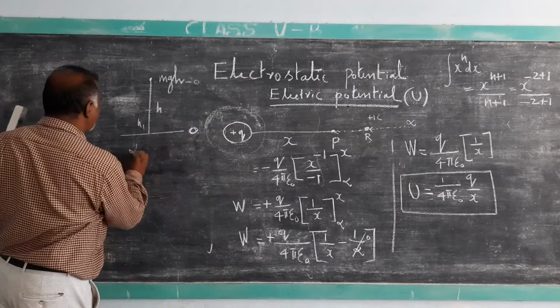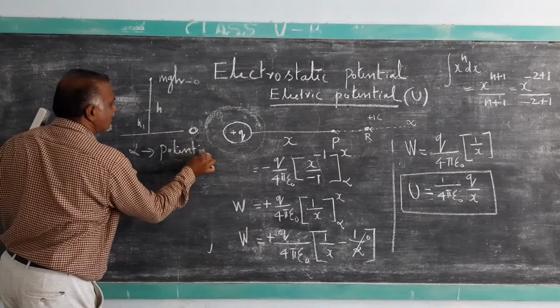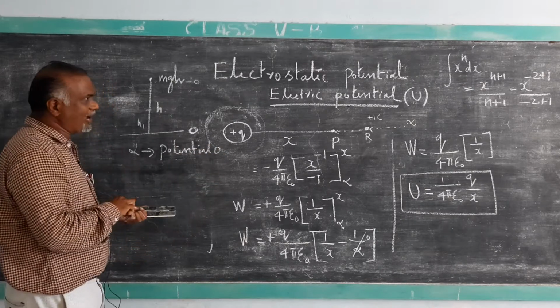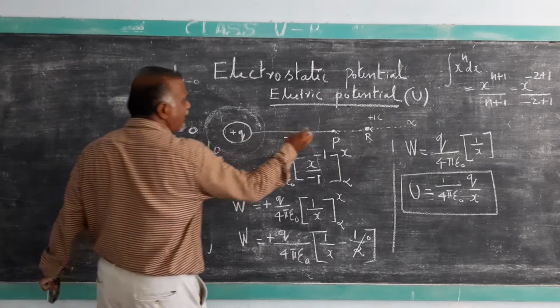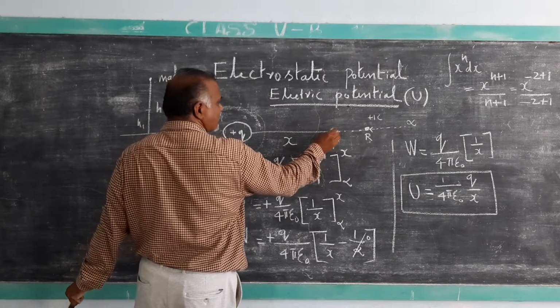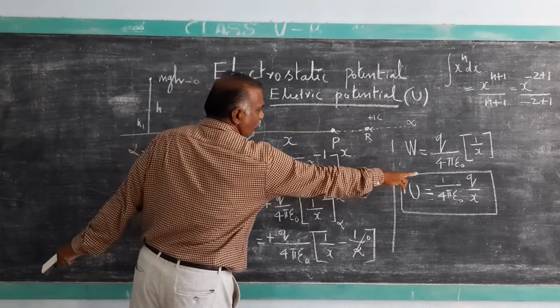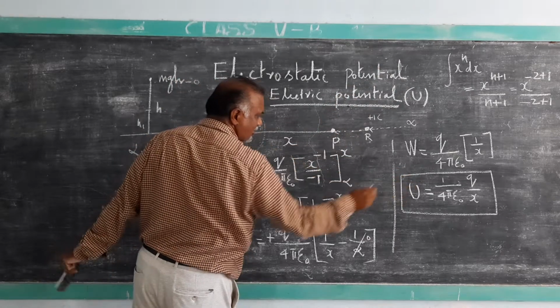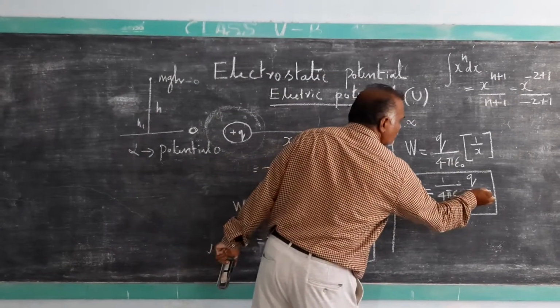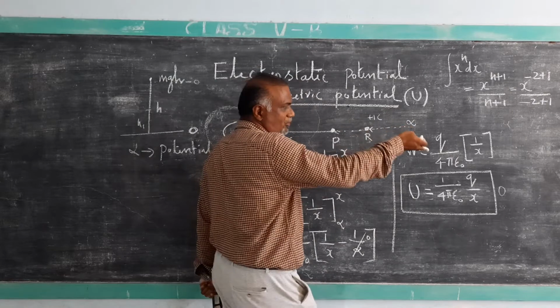So infinity potential is 0. That's why potential at a point P is with respect to 0 potential. So this 1 by 4 pi epsilon naught q divided by x minus 0, with respect to infinity, that is why minus 0.